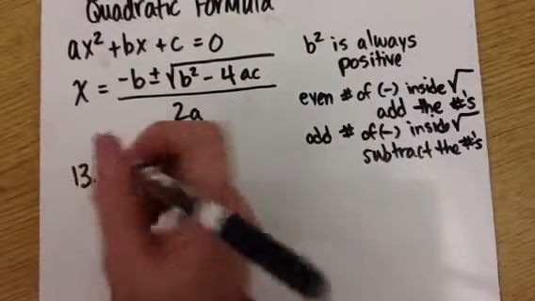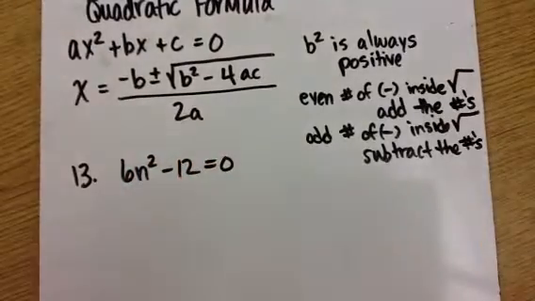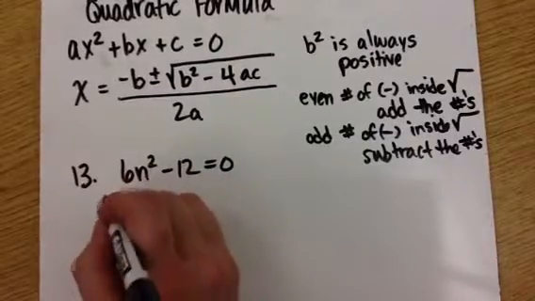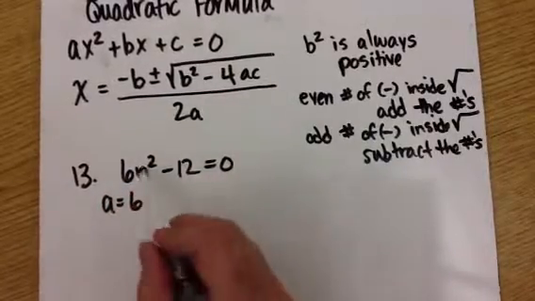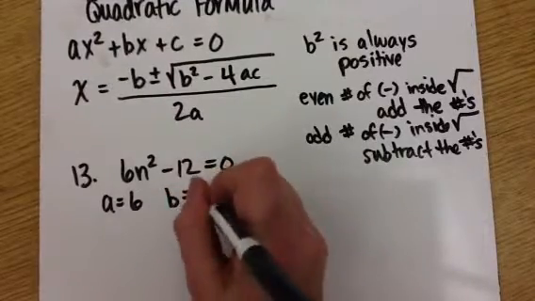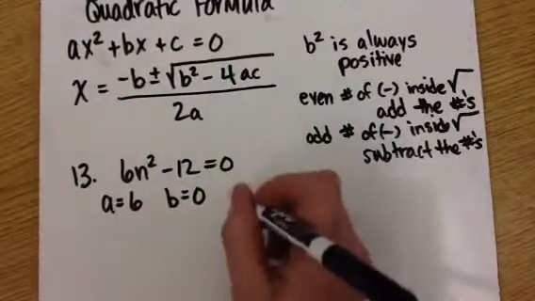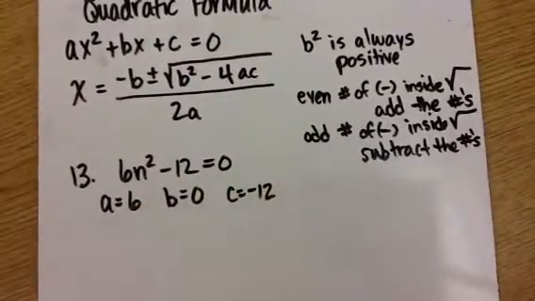We have number 13, which is 6n squared minus 12 equals 0. And right out of the gate we have kind of a special case. In this problem, a is 6 because it's in front of the squared term, and b is 0 because there's no plain n term, and c is negative 12.